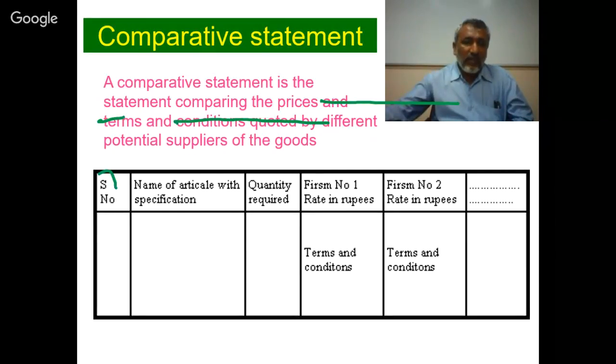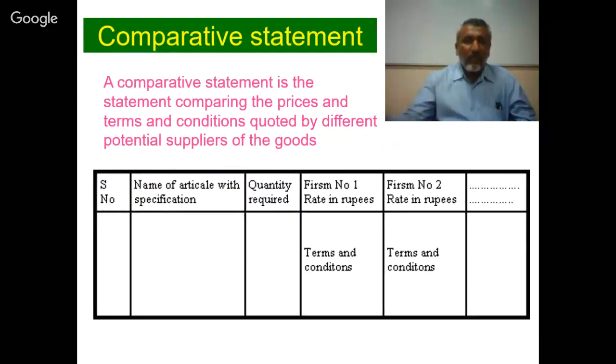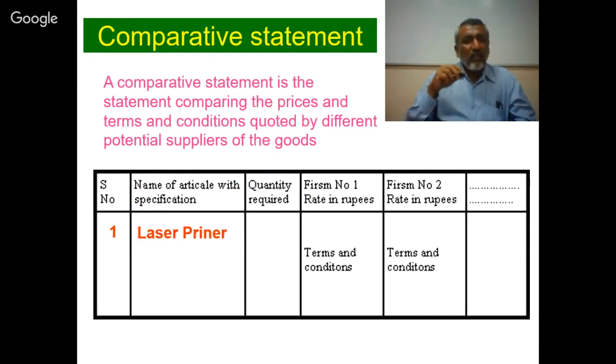In the comparative statement, this is the serial number. This is name of the article and the specifications. This is quantity required, and all these are with respect to the suppliers. Let's take an example. Suppose the company wants the laser printer.